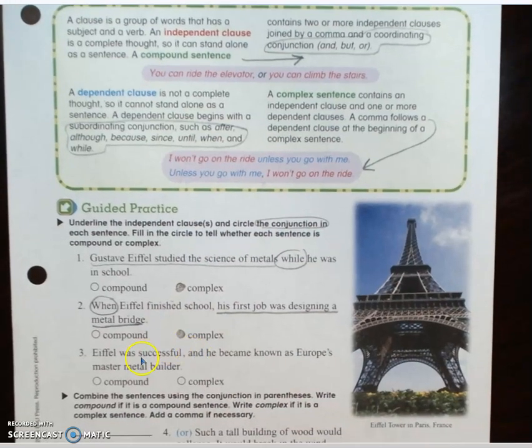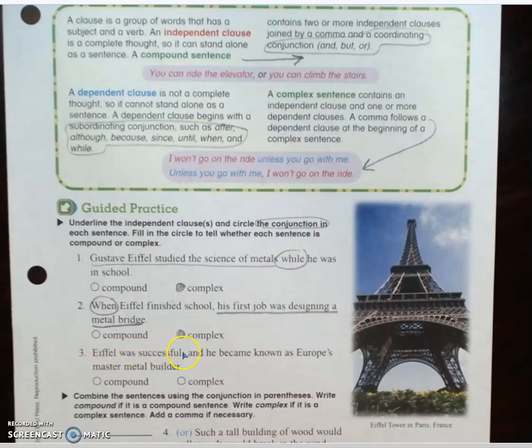Eiffel was successful, comma, and he became known as Europe's master metal builder. All right, so which one of these clauses is independent, because it says underline the independent clause? Okay, some of y'all are going to jump to conclusions if you don't just think about this for a second.